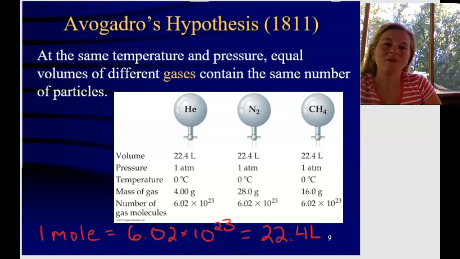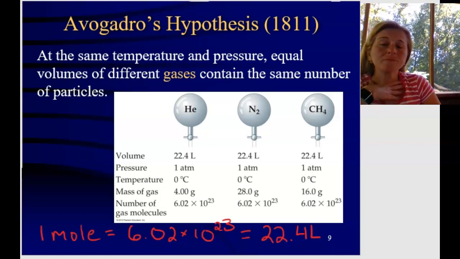And we see same volume, same pressure, same temperature. The mass will be different because each one of those atoms weighs a different amount because it has a different number of protons and neutrons. But we will have the same number of molecules.